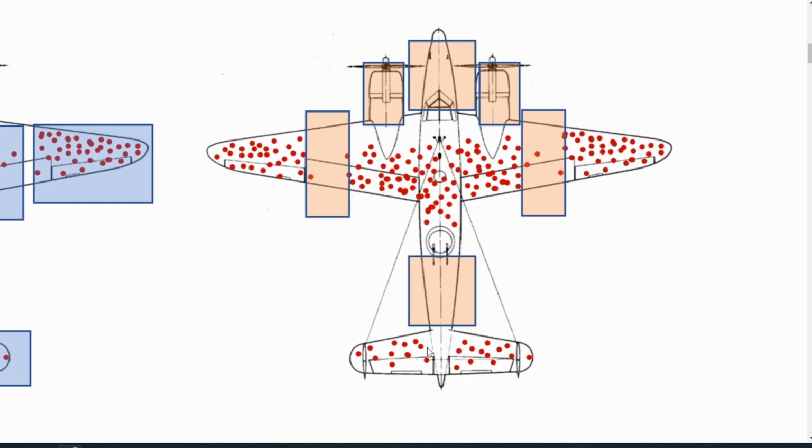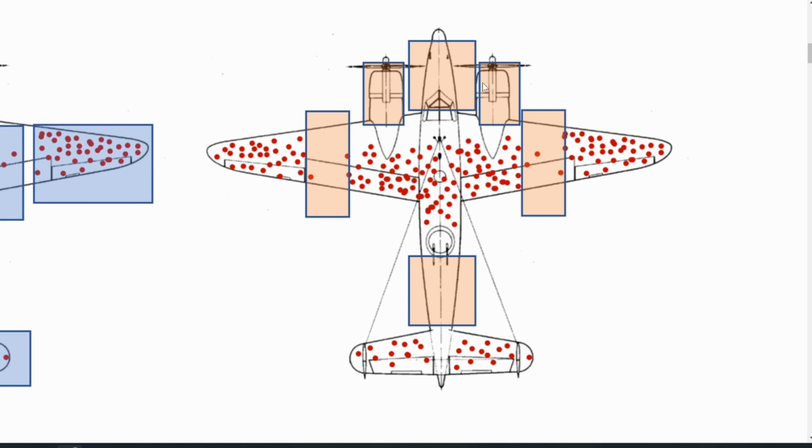This is where you actually want to pad the plane and put more armor, because you've got to remember, we only have the data of the planes that are surviving and coming back. So these planes survived because the bullet holes are here and here, which clearly are not as important. Nobody's coming back with bullet holes here, because anyone who gets shot here is not coming back.